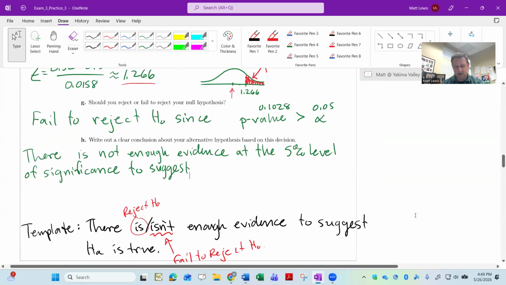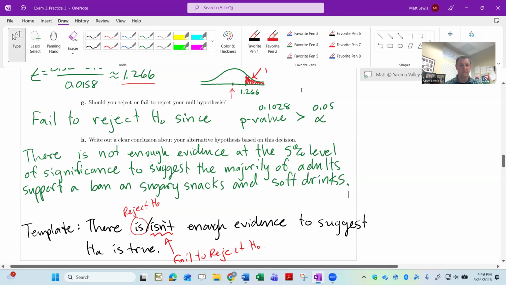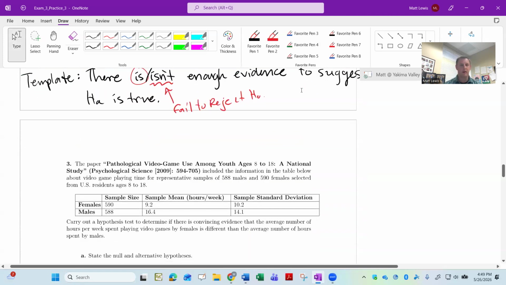So there's not enough evidence to suggest the majority of adults support a ban on sugary snacks and soft drinks. Okay.